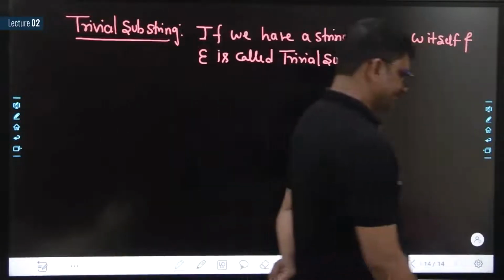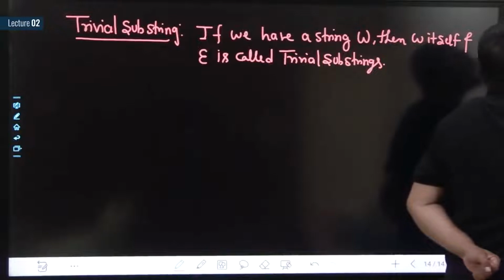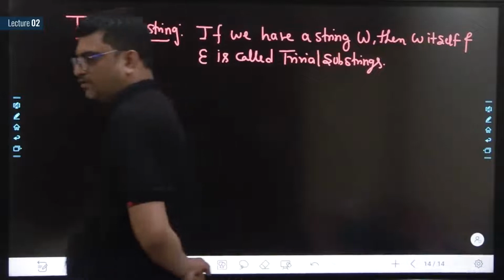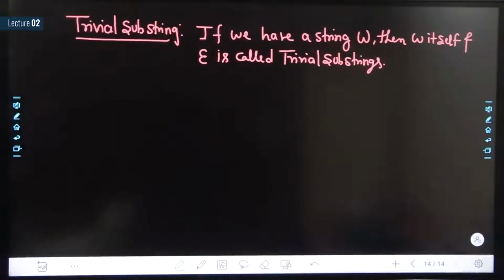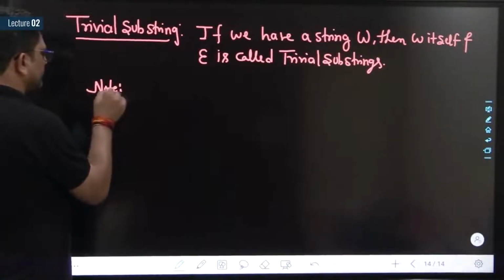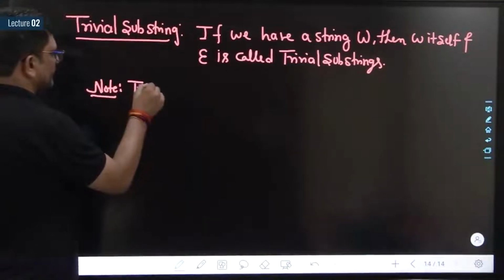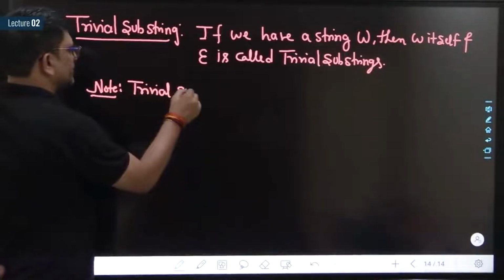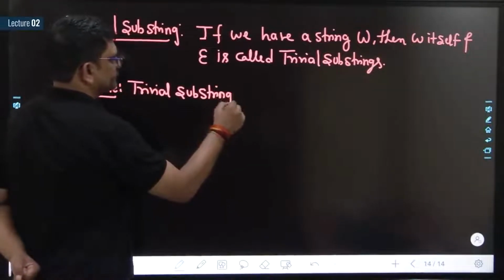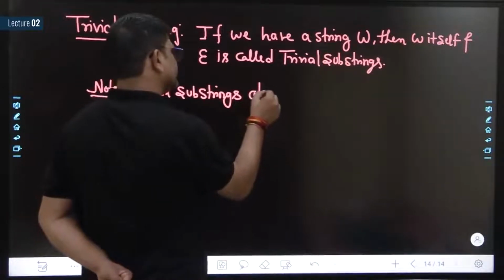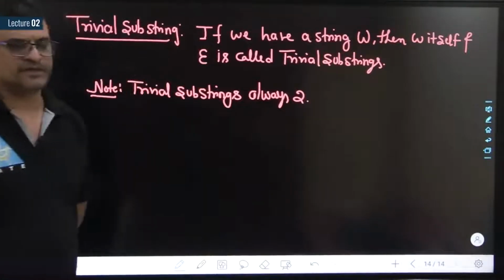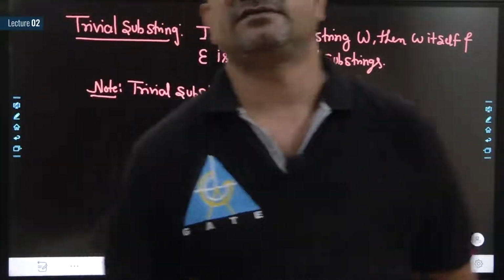Clear? Note: the number of trivial substrings is always 2: the string itself and epsilon.